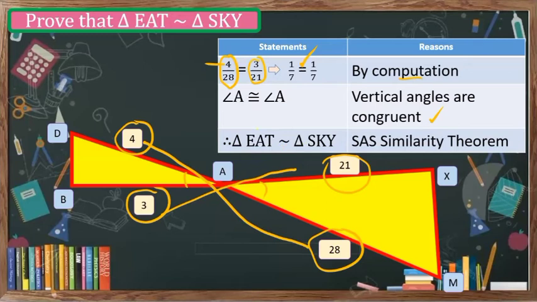I think I have a typographical error here. So the triangles here are DBA and MXA. Alright, so they are similar by the similarity theorem because we used the side, angle, and side of the two triangles, including these two figures.